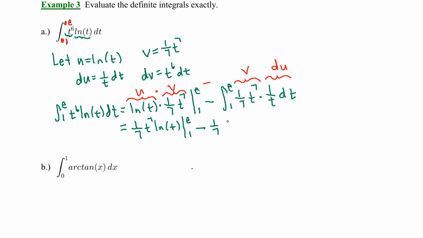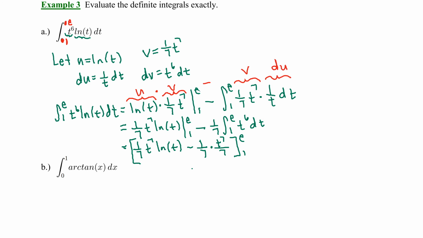I'm going to factor out the 1/7 as a numerical coefficient, and then we have t to the 7th times 1 over t, which reduces to t to the 6th dt. We can go ahead and evaluate that second integral to get 1/7 times t to the 7th over 7. Then I'm going to evaluate the entire expression from 1 to e.